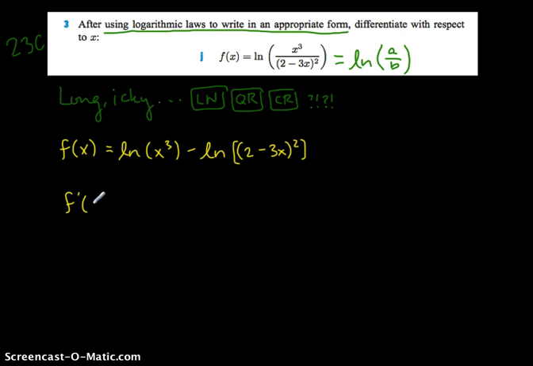So my derivative of f with ln, we learned that it's just going to be simply your derivative over your original every single time. So you keep your original function in the denominator, put your derivative in the numerator, and that's going to give you your derivative when you're dealing with ln of something.